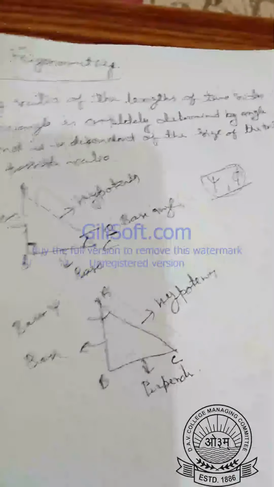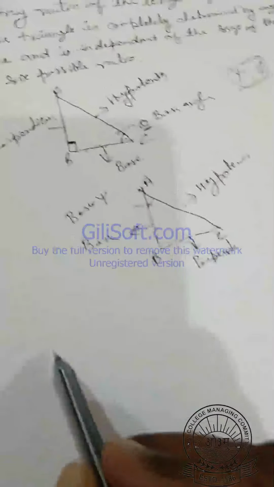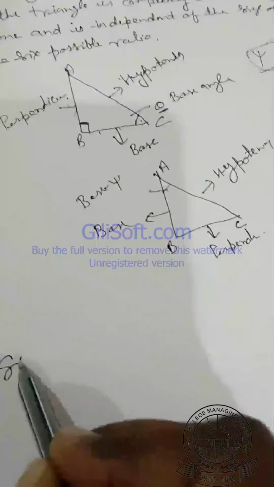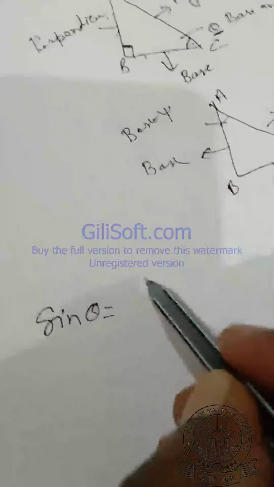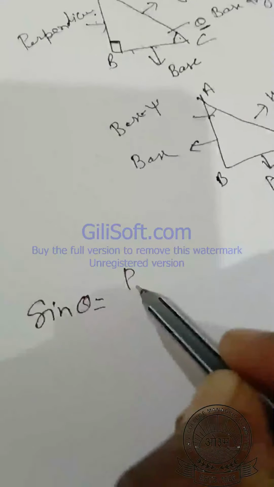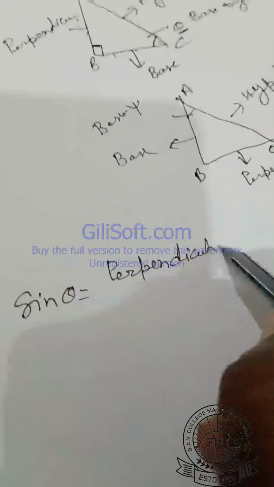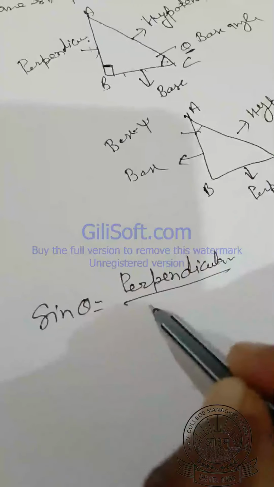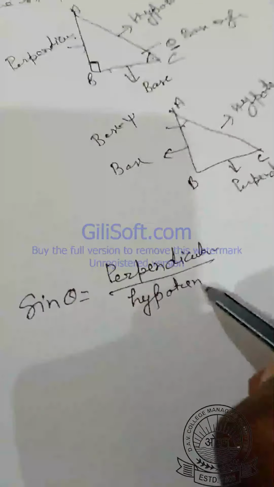There are total 6 ratios. First is known as sine. Sine theta means perpendicular by hypotenuse.